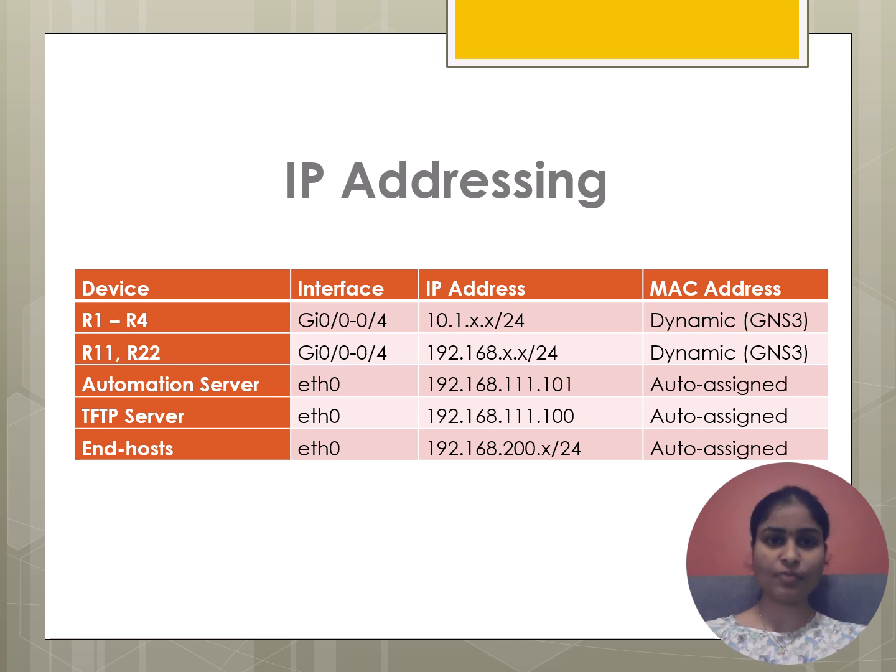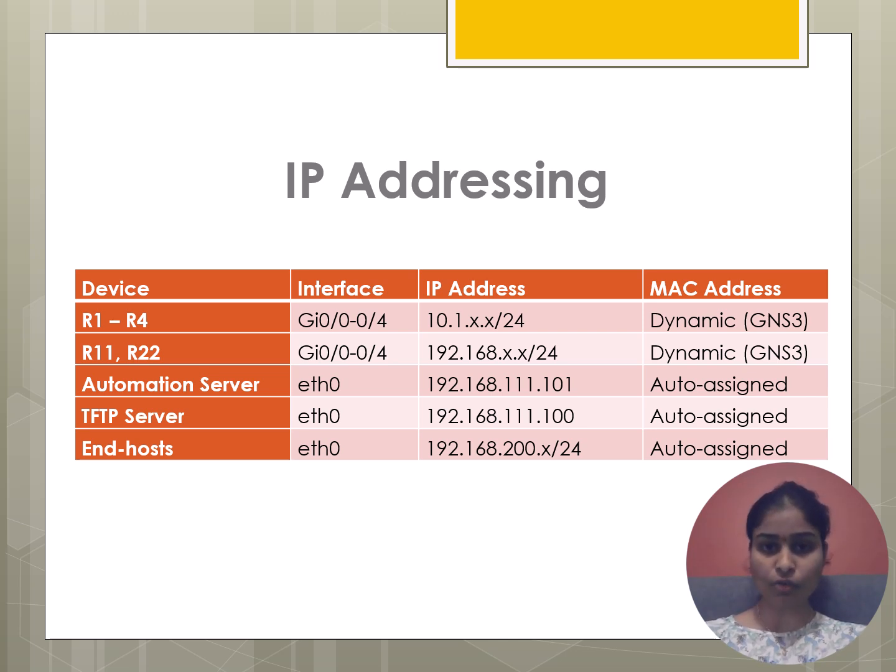Here is the system for assigning IP addresses to every device in the network. There are dynamic IP addresses covered in the 10.1.x range for the routers R1 to R4 and R11, R22 use dynamic IP addresses in the 192.168.x range.